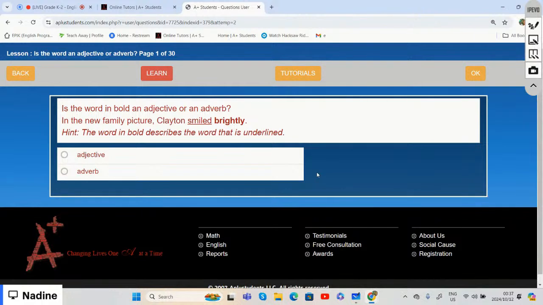So here we need to say, is it an adjective or an adverb? Clayton smiled brightly. Look at the word that is underlined. It will tell you if it's either a verb or a noun. Then if you look at the word in bold, we can then say, is it an adjective or an adverb?